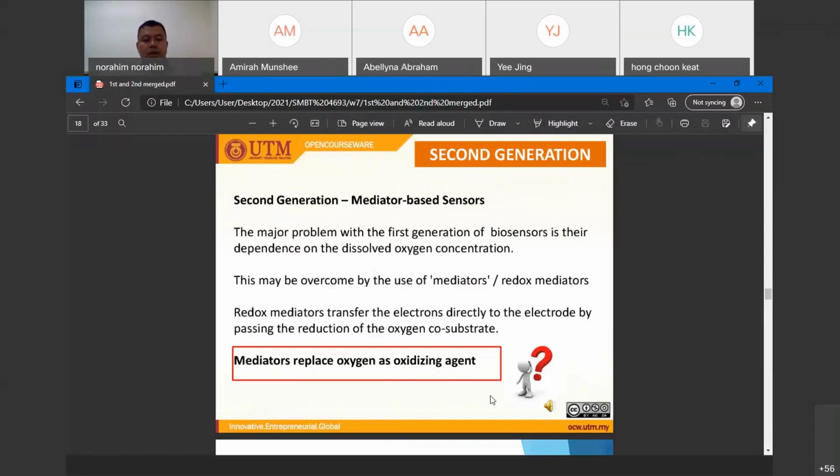Okay, so the main point in here is the mediators are replacing oxygen as oxidizing agent. Remember, the oxidizing agent is something that is oxidizing something, that causes some other species to be oxidized to produce electrons in the system.